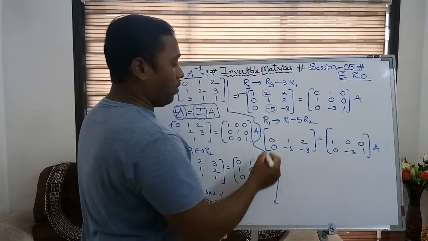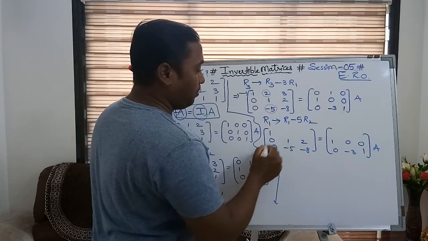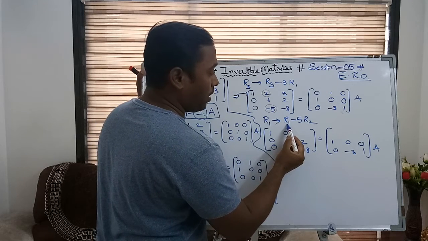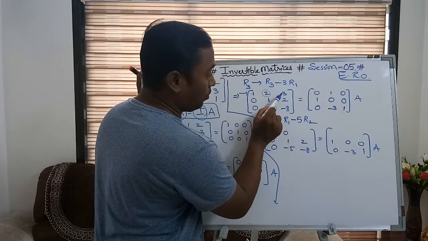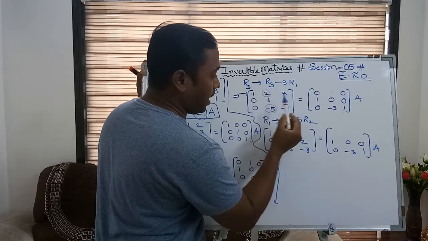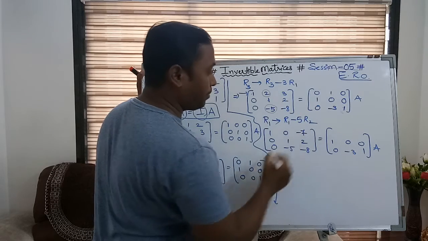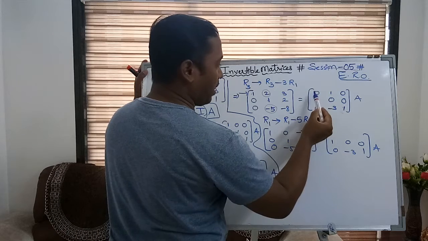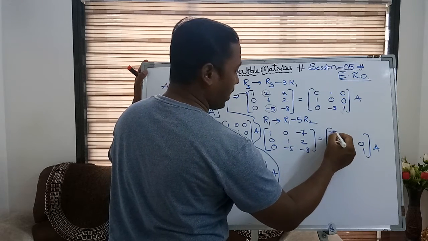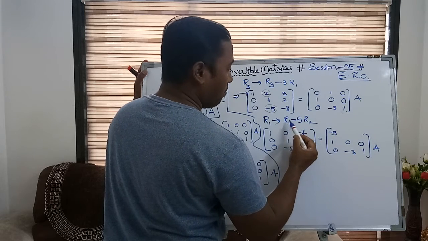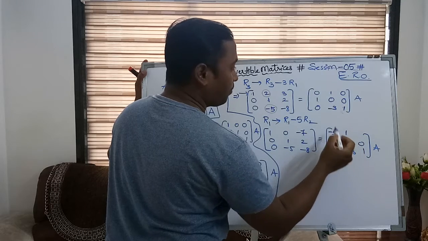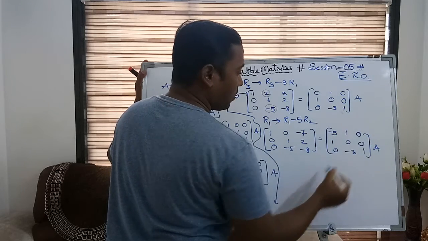Now if I do that, ultimately it will be 1 and then 0. Then applying R1 minus 5 times R2: 3 minus 5 times 2, that is 10, so 3 minus 10 is minus 7. In a similar manner, 0 minus 5 times 1 is minus 5. 1 minus 5 times 0 is 1. 0 minus 0, again 0.